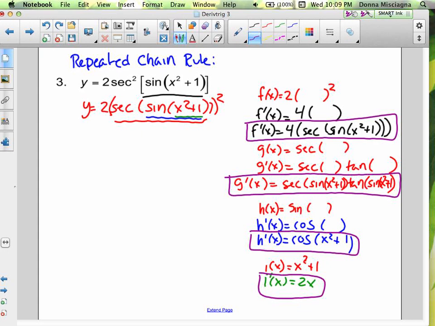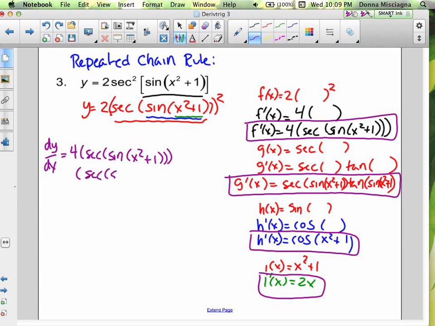All right, so now I've got to use more than one line. 4 times secant sine x squared plus 1. Take that and multiply it by, can I even fit that in there? I'll come down here.